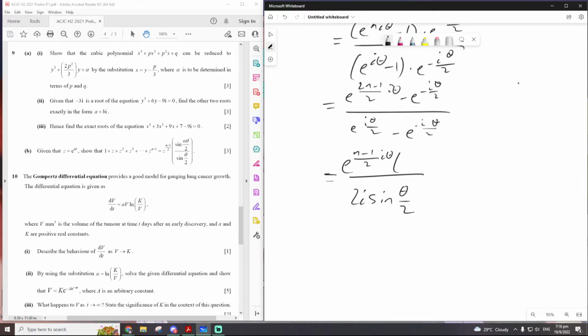So let's see what happens if I do this. This will give me e to the ni theta divided by 2 minus 1. So this is going to be minus 1. So what multiplied by n minus 1 divided by 2 gives me negative 1?